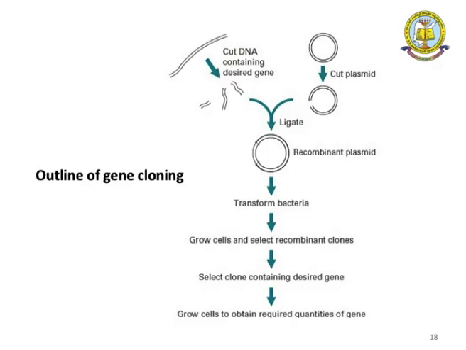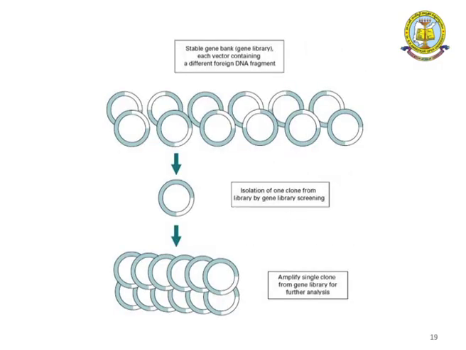This is the total outline of gene cloning or recombinant DNA. See here each and every step: how to isolate, and the status of the gene bank. Gene bank means just like a gene library. Each and every vector contains different foreign DNA fragments. In the picture, two colors are there, one light color and another dark.